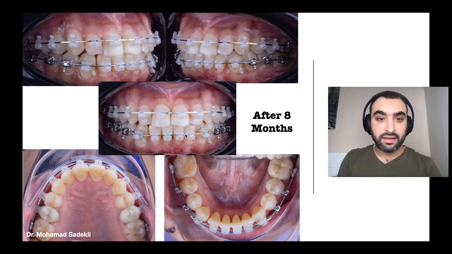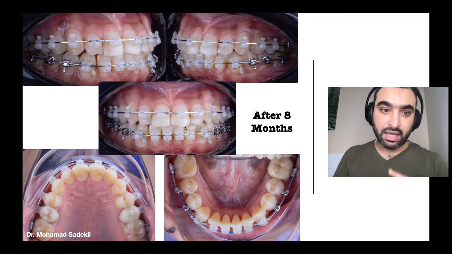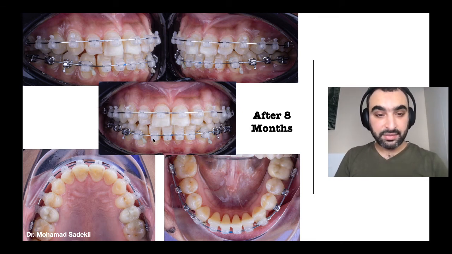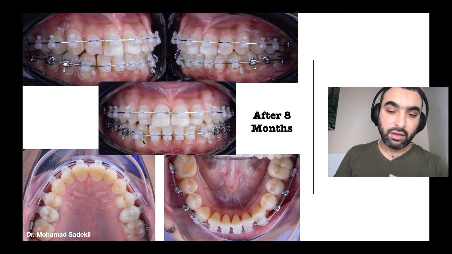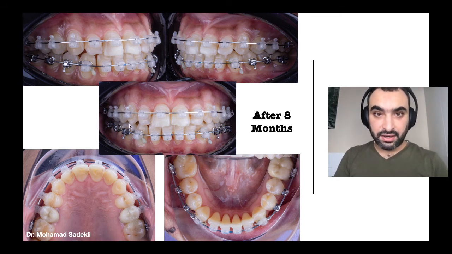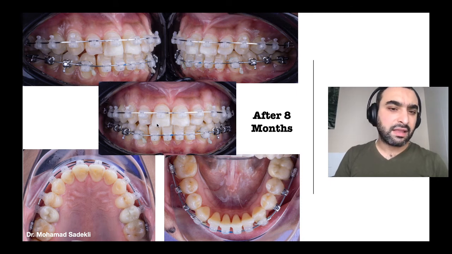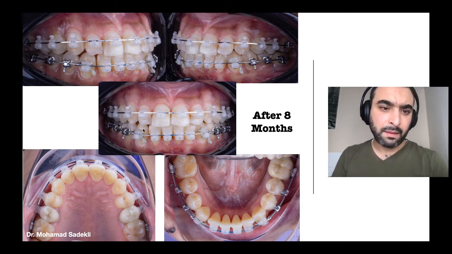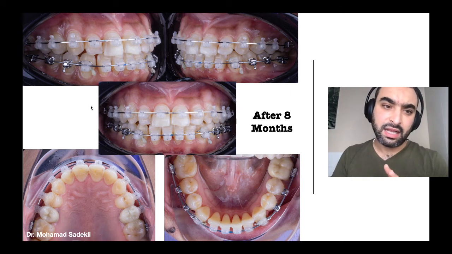After that stage, I started to use vertical elastic and class 3 elastic at the same time. Like you can use class 3 1/4 as an example from the right side, and at the same time you can also use 3/16 as a triangle to fix the bite in this area. This I used for 1 month only, but mostly I use class 3 with the two teeth here, so I fixed the class 3 as you see here.